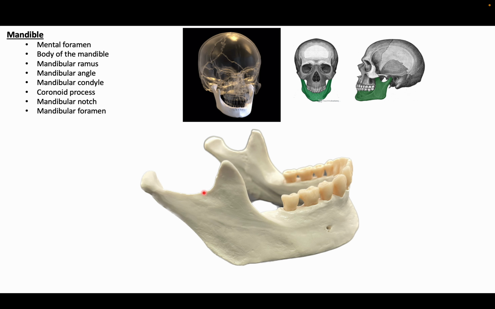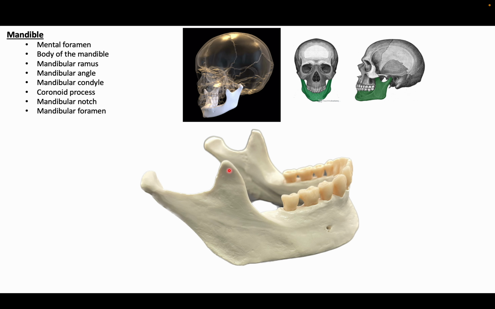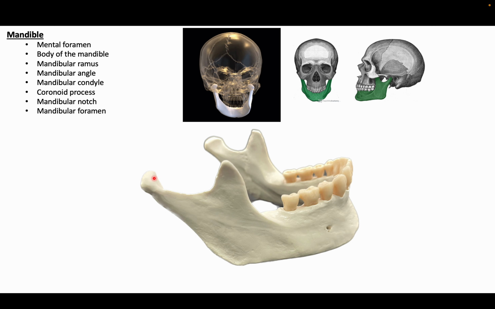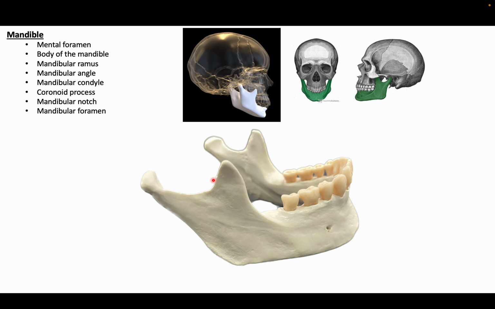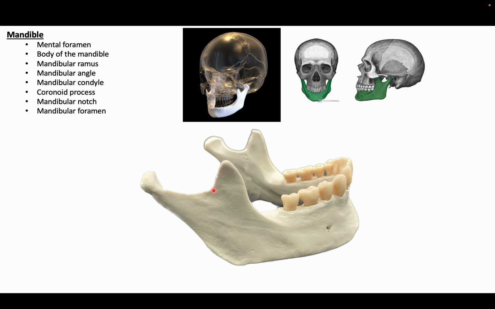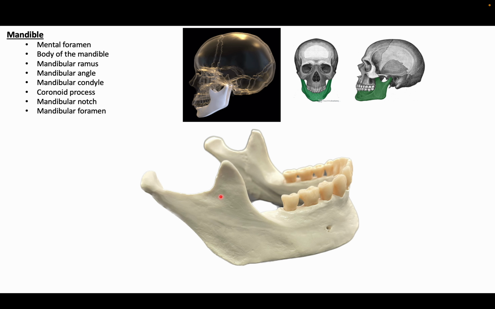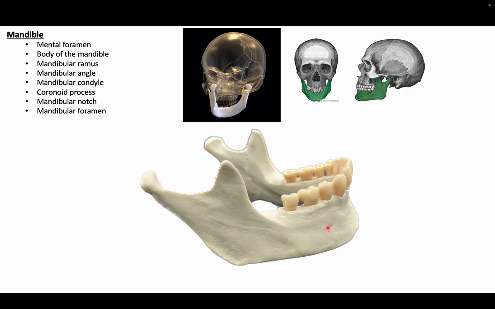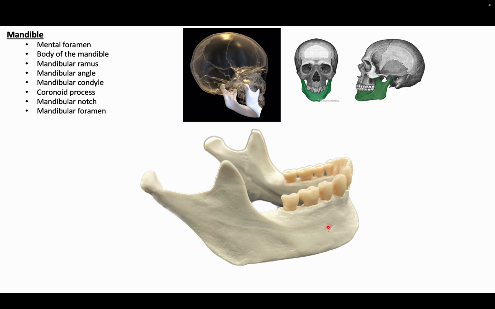This area in between the coronoid process and the mandibular condyle is the mandibular notch. And if you take a look right here, there's this hole called the mandibular foramen.